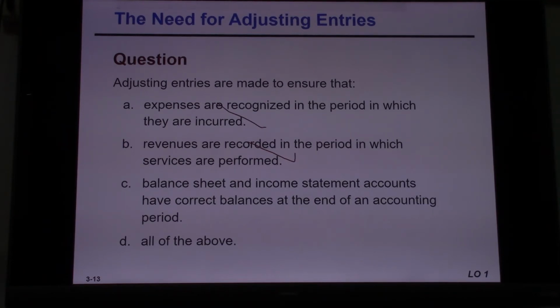Also, letter B, adjusting entries are made to ensure that revenues are recorded in the period in which services are performed, in the period when you satisfy your obligation. Based on the revenue recognition principle, this is true. Letter C, to ensure balance sheet and income statement accounts have correct balances at the end of the accounting period. This is also one of the main reasons why we prepare adjusting entries. So the correct choice is all of the above, letter D.